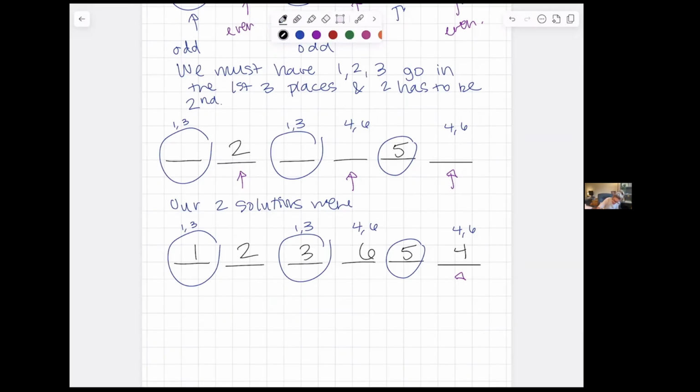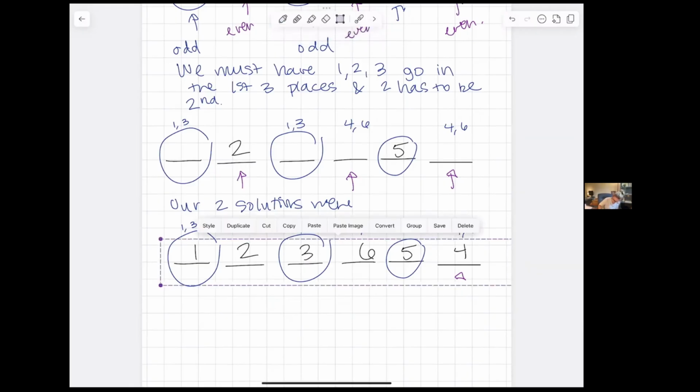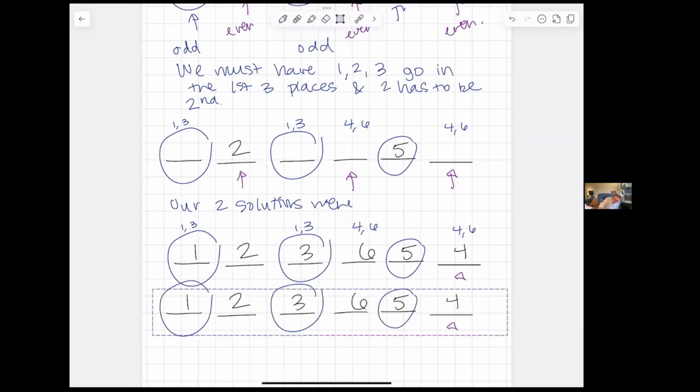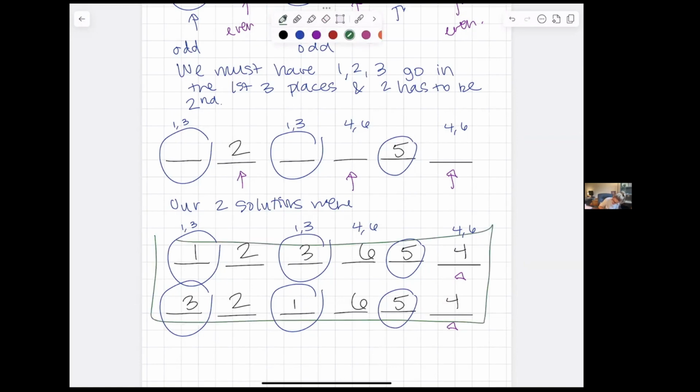These were my two. So we only now have to check 3, 2, 1.